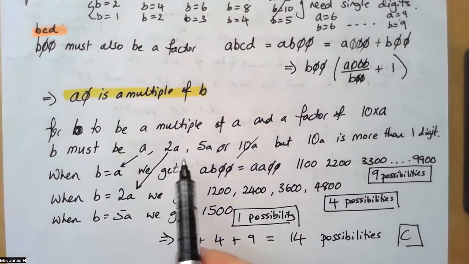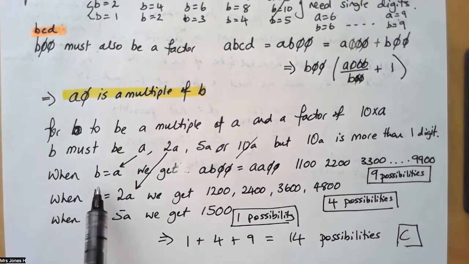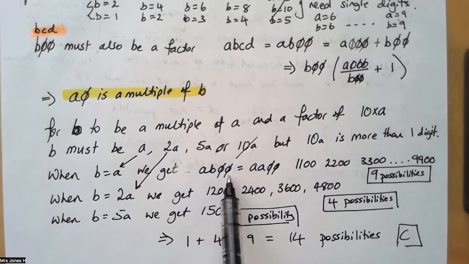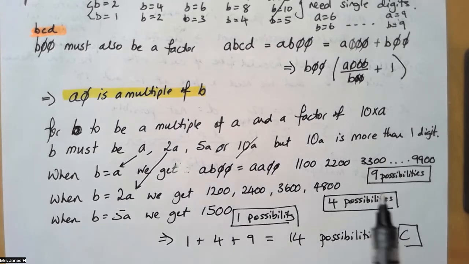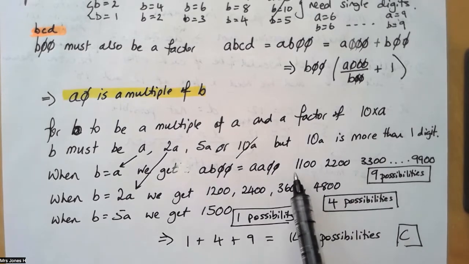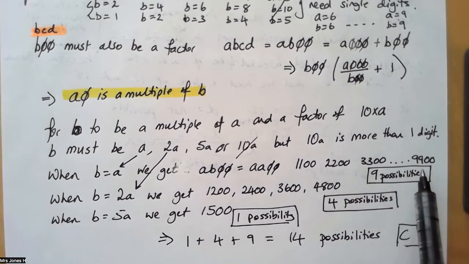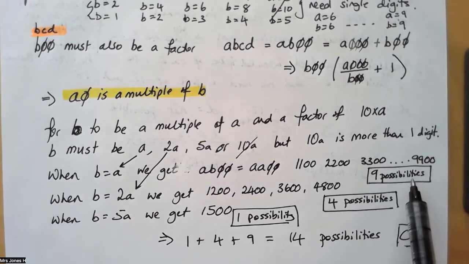So looking at each of these three in turn, when we put B equals A, we get AB00 equals AA00. So therefore we've got all the numbers from 1,100, 2,200, 3,300, all the way up to 9,900, and there are 9 possibilities.